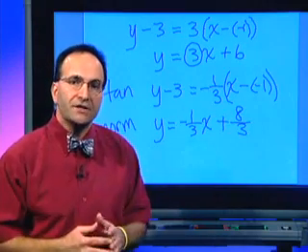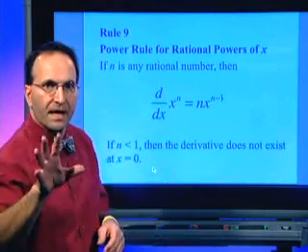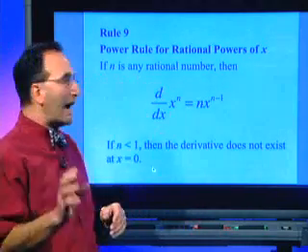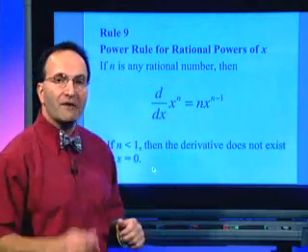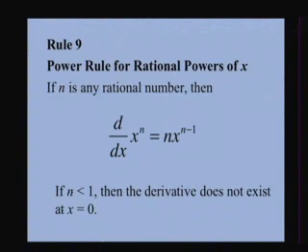Well, we're going to change gears a little bit here and look at something called the power rule for rational powers of x. And that tells us that if n is any rational number, then the derivative of x to the n is equal to n times x to the n minus 1.